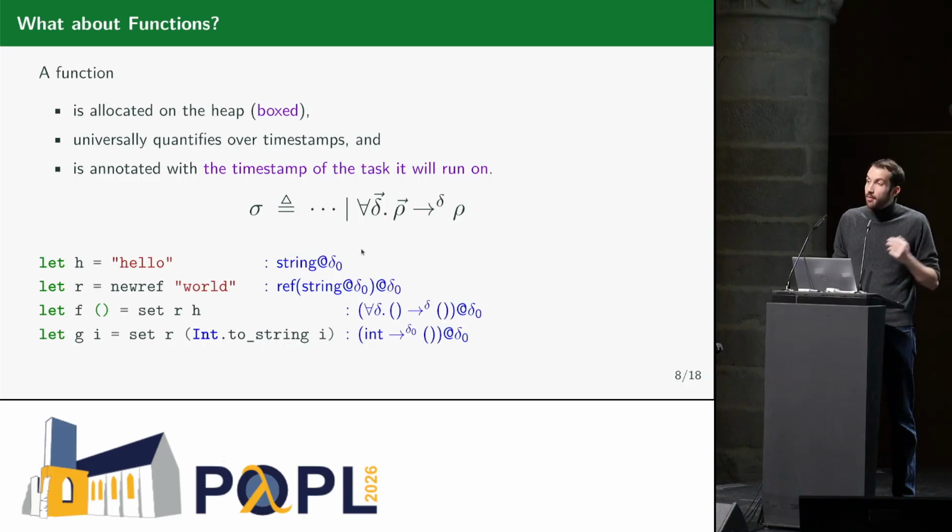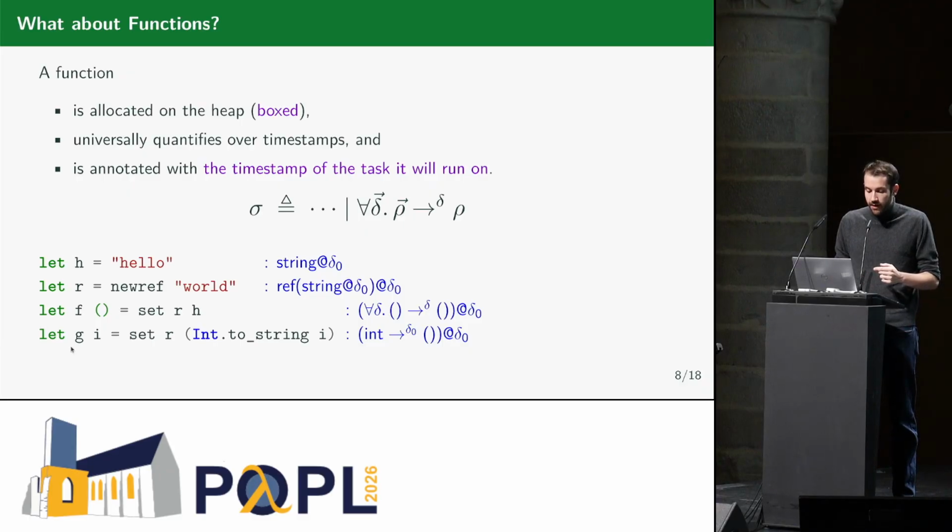Let me show you some examples. So again, we have this string h, hello, and this r, a ref on a string. If we have a function f that sets the content of r to be h, well, everything is all right, because h is a string at delta 0, r is a ref on a string at delta 0, so there is no constraint. You can execute this function at any task.